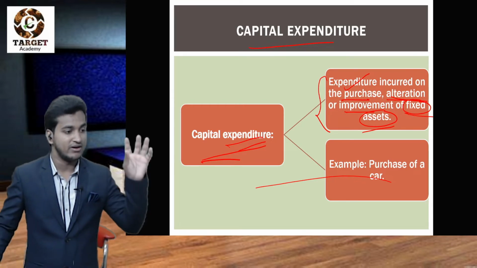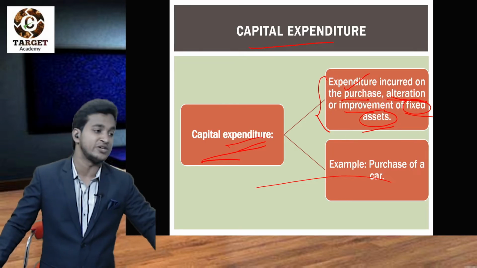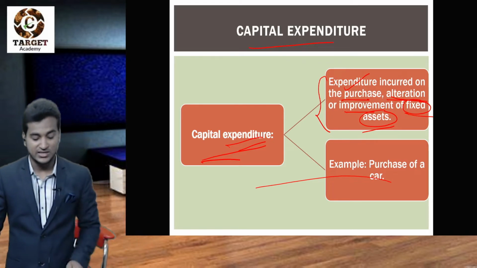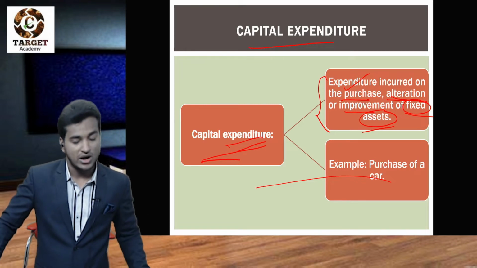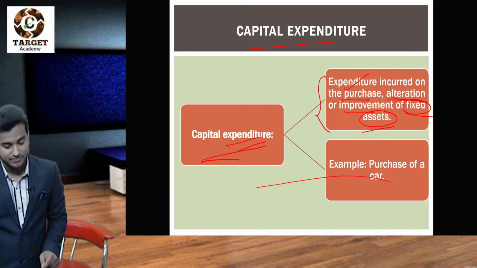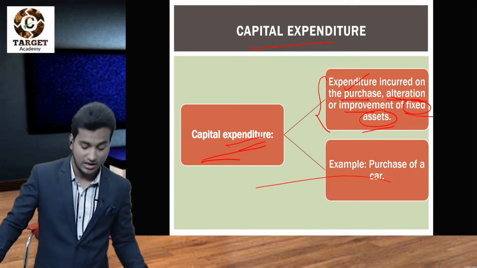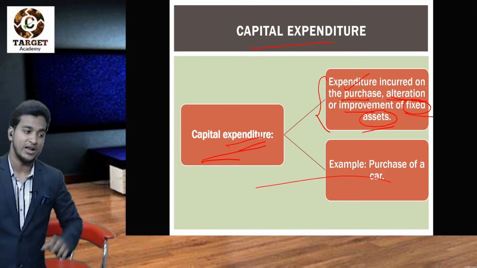For that, we have incurred some expenditure. That expenditure is called capital expenditure, not revenue expenditure. Whatever expenditure is incurred on purchase of fixed asset is a capital expenditure. Whatever expenditure is incurred on alteration or improvement of fixed asset is also a capital expenditure.